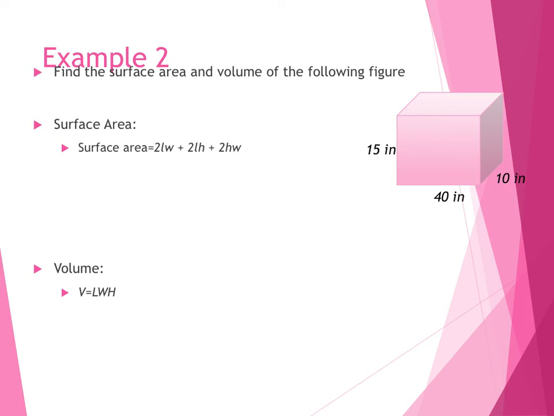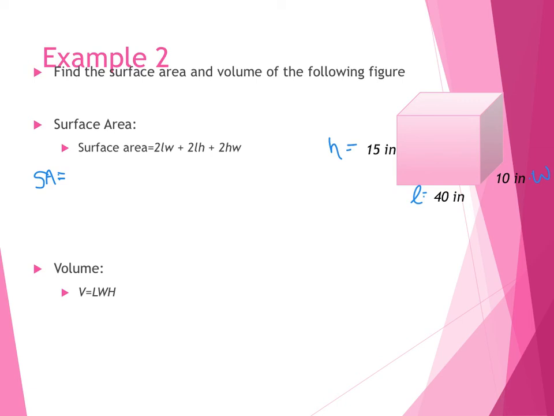So let's work through this rectangular prism. I have my surface area equals, and my length times width. So this is really looking at that top and bottom. So we have our length, and I'm going to just put L here, W here, and then this would be my height. So that way we know what we're pulling.